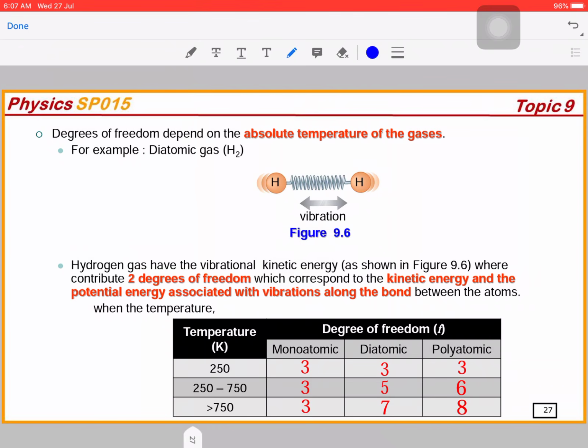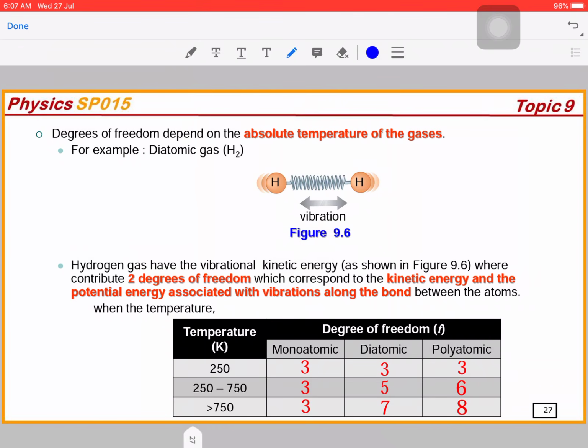Next, degrees of freedom depend on the absolute temperature of the gases. Hydrogen gas has vibrational kinetic energy, as shown in figure 9.6, which contributes 2 degrees of freedom, corresponding to the kinetic energy and the potential energy associated with vibration along the bond between the atoms.